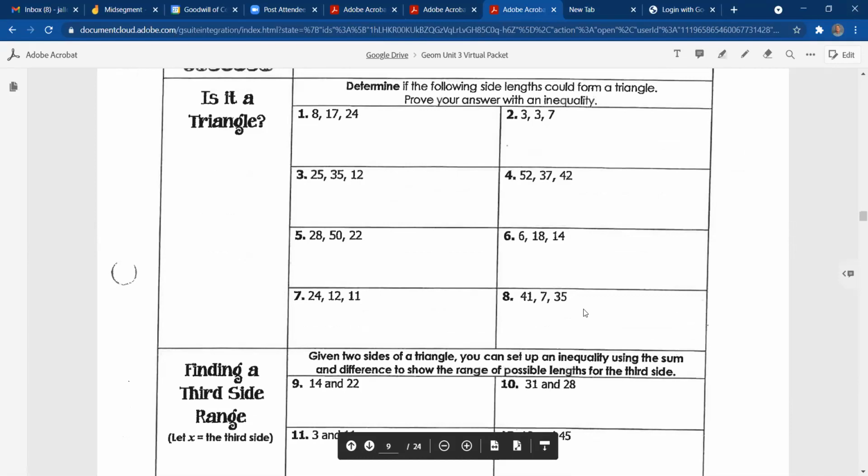So what about number 8? Can that make a triangle with those three side dimensions? When you add the two short sides together, is it a bigger number than the third side?